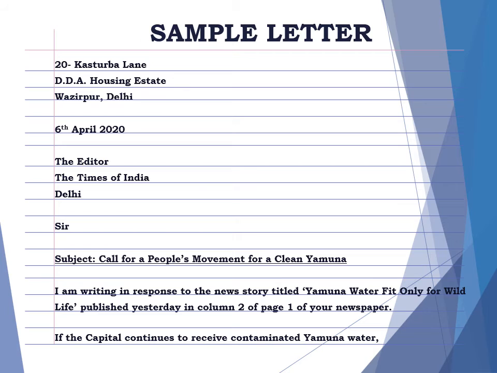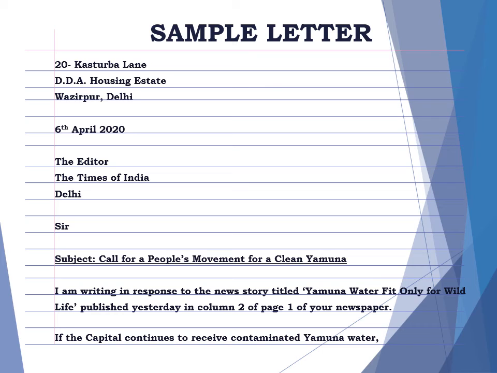Students, now let's see the sample answer. 20 Kasturba Lane, DDA Housing Estate, Wazirpur, Delhi. This is the sender's address. After that, one line is left and then the date is given in its expanded form: 6th April 2020, and then one line space is left.